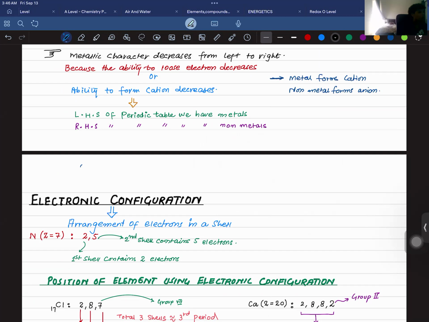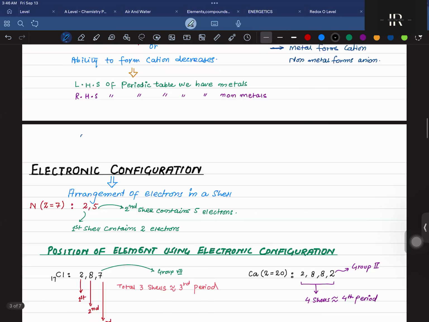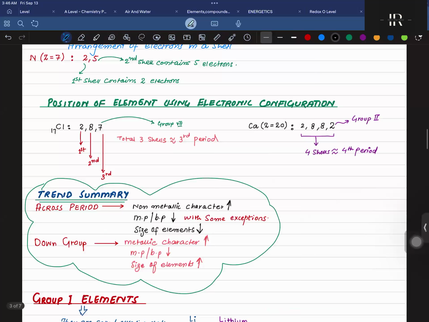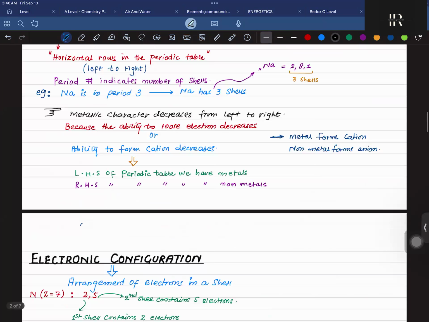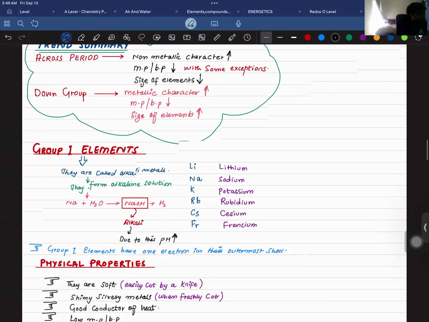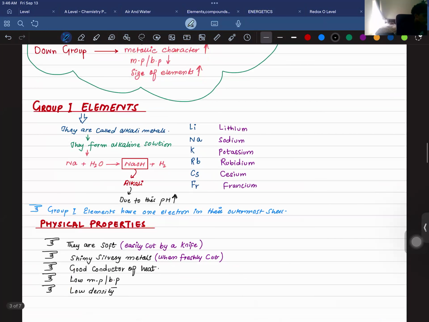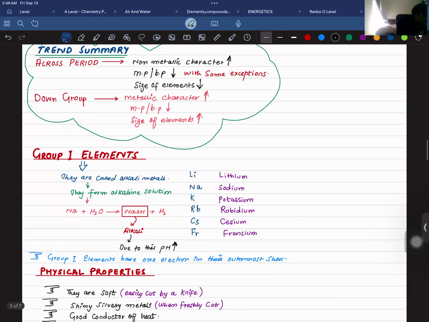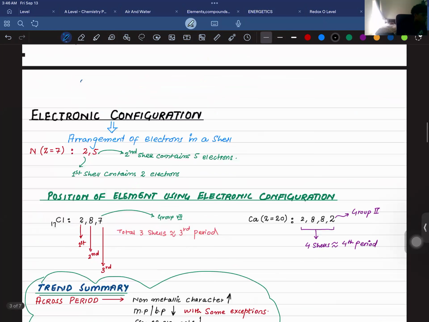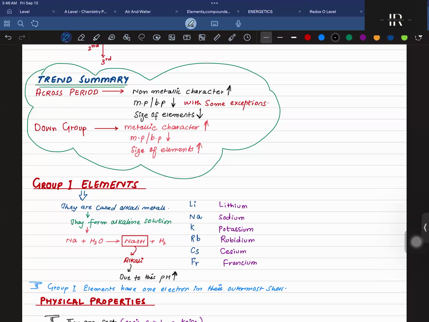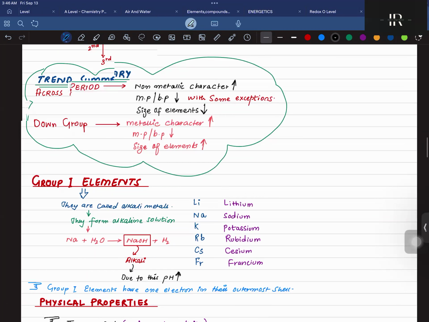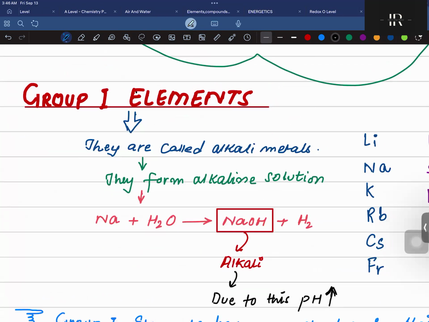Then we have electronic configuration, like we did in the atomic structure. So first of all, we would be discussing group one.